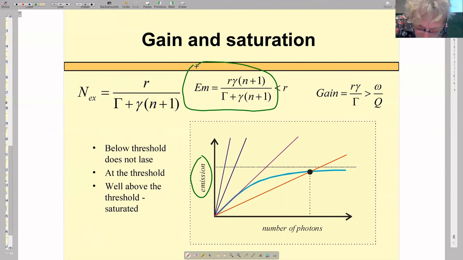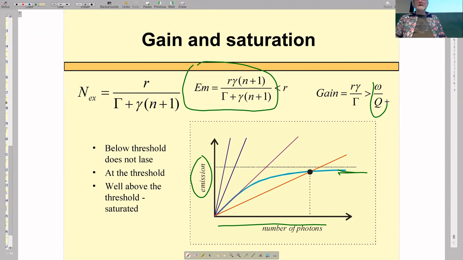So as a function of the number of photons, the emission should actually saturate, it will be like a curve like this. And it has to be equilibrium between emission and the loss of photons in the laser, which is proportional to this factor. Right?